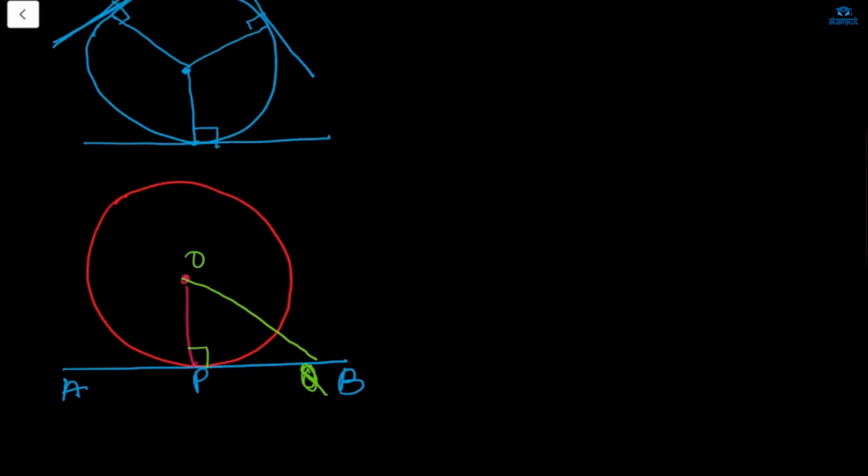For proving purposes, we are taking a point Q which is not P, which means it will not be touching the circle.